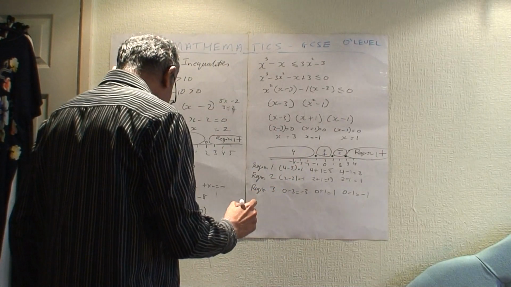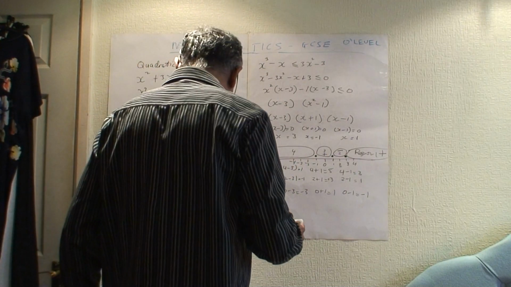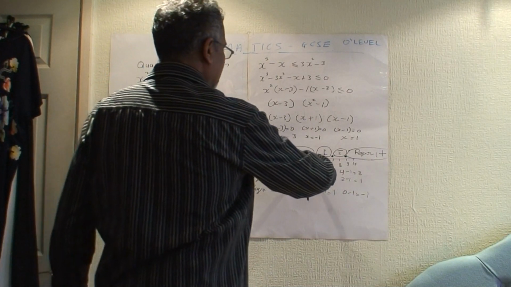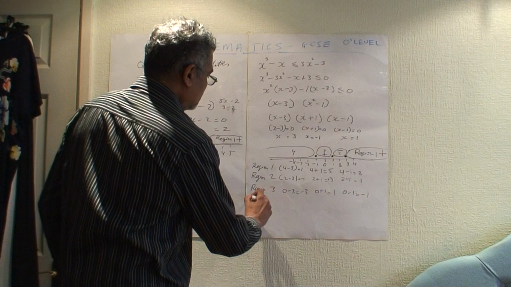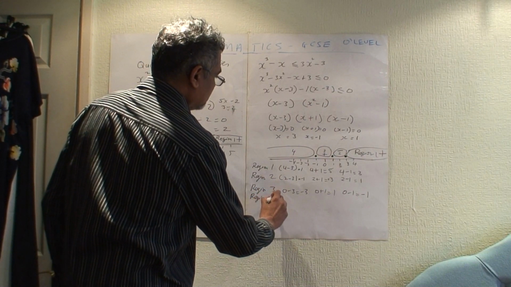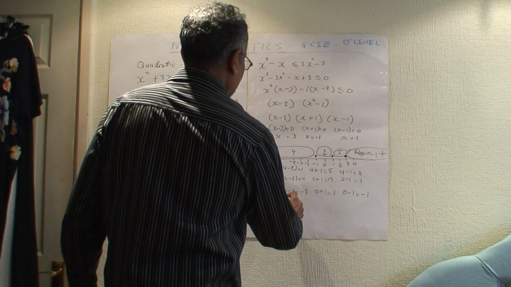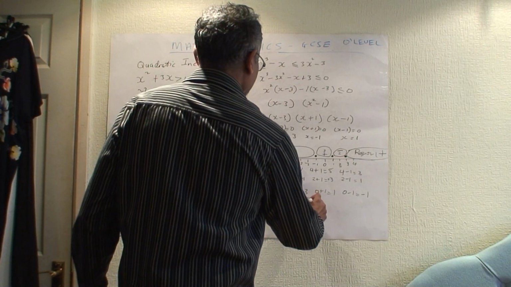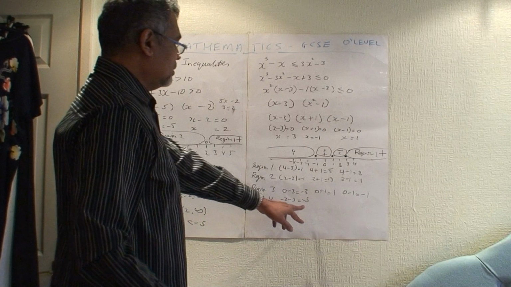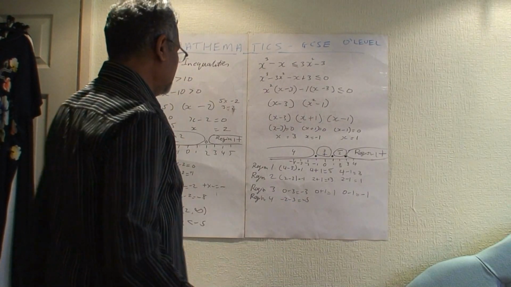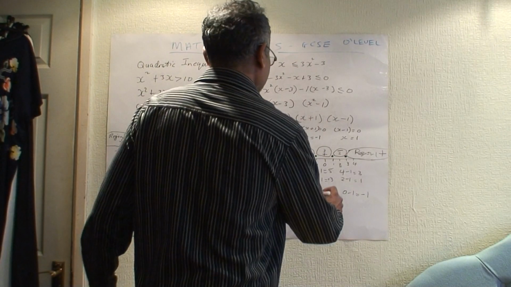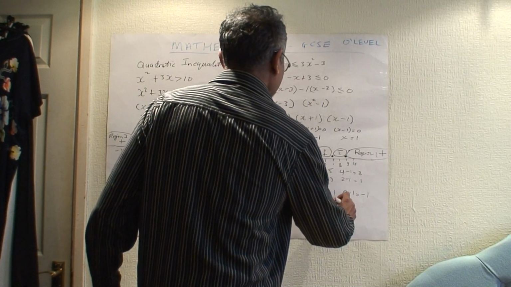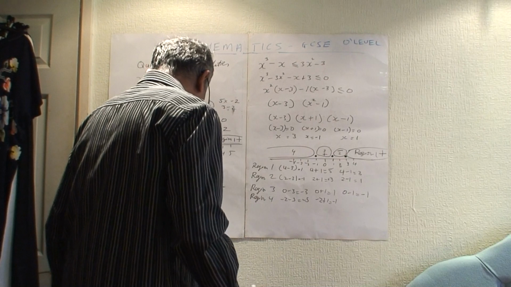Now in region 4 we have negative 2, negative 3, say negative 4. In this region, we can look at negative 2. So negative 2 minus 3 is minus 5. Negative 2 plus 1 is equal to negative 1.